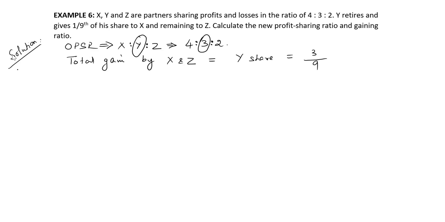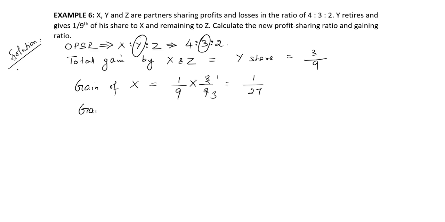It says Y retires and gives 1/9 of his share to X. So gain of partner X is equal to 1/9 of Y's share, which is 3 divided by 9, which is equal to 1 divided by 27.